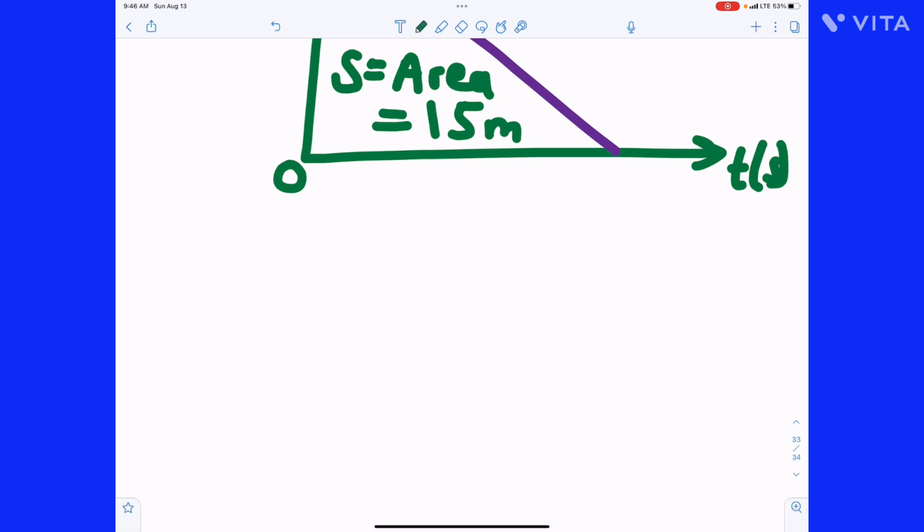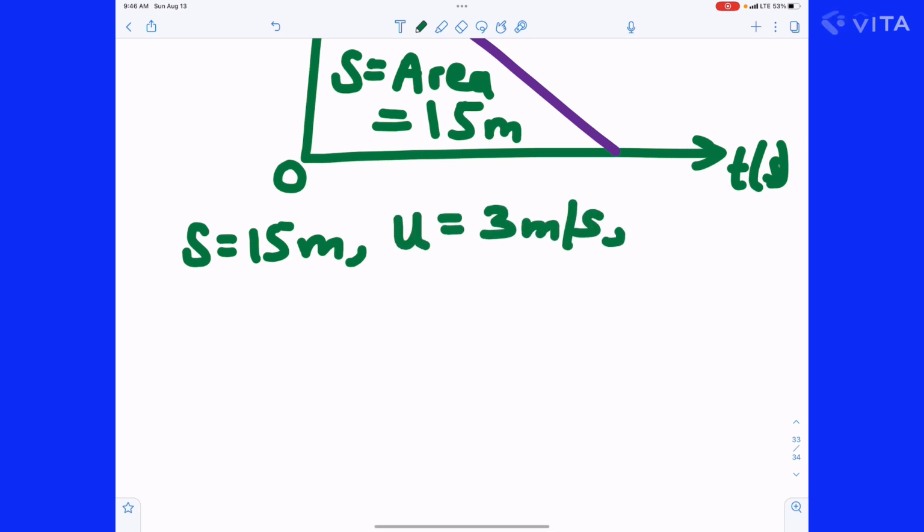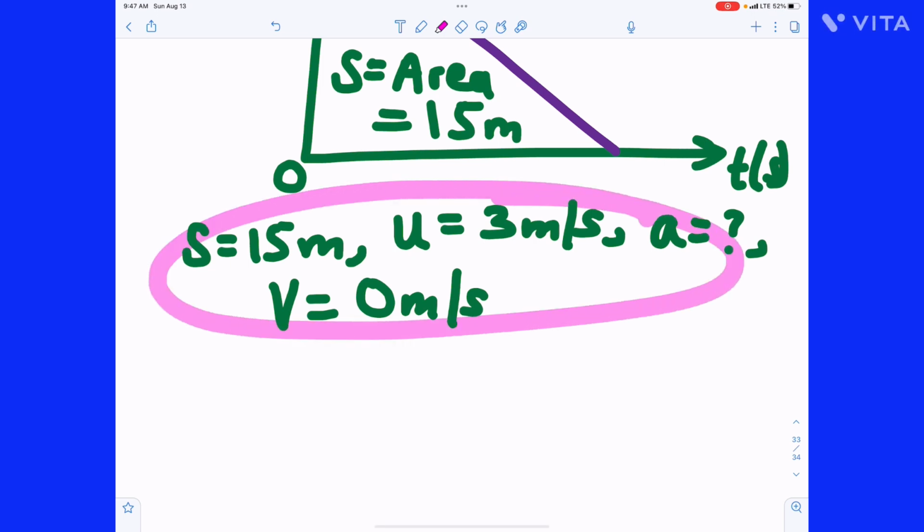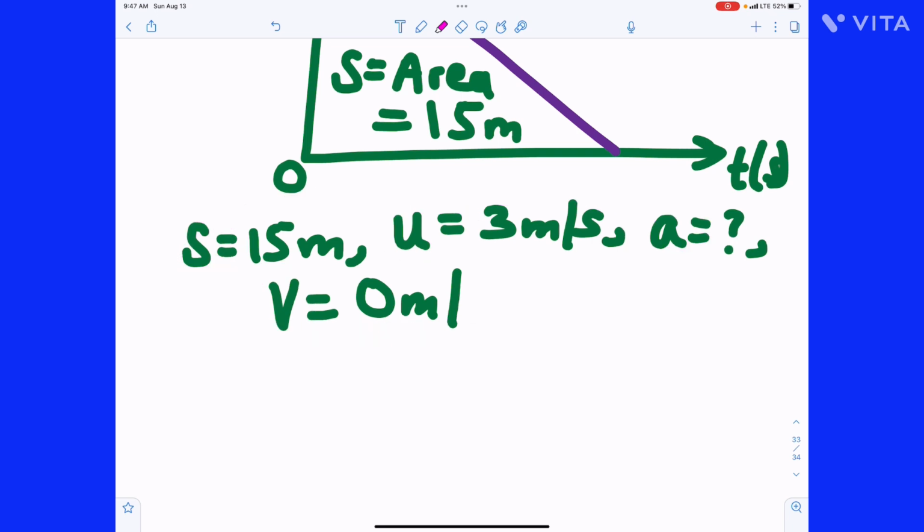What this means is that we know the distance traveled, 15 meters. We know the initial velocity was 3 meters per second. We need the retardation. We also know the final velocity was 0 meters per second. So we are looking for acceleration. What equation of motion connects the quantities U, V, S, and A? Sorry, I'm not doing it in order.